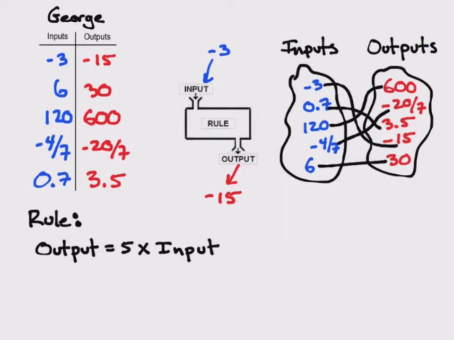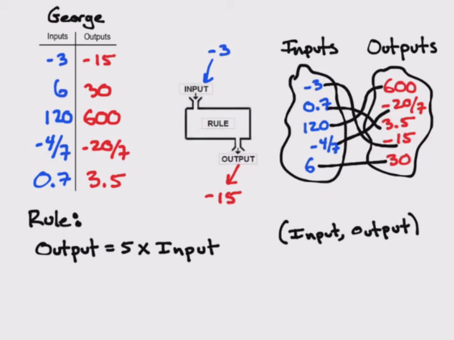The third way we have to represent these functions is with something called ordered pairs. An ordered pair is just a set of parentheses with two entries in it separated by a comma. The first entry in that set of parentheses denotes the value of our input, and the second entry in that set of parentheses represents our output.